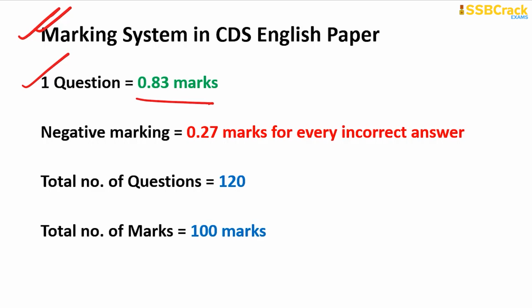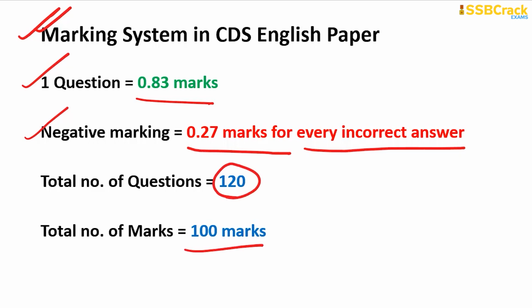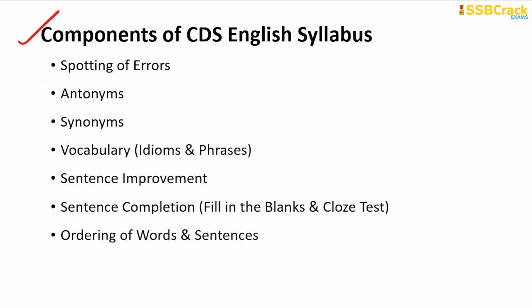There is a provision of negative marking obviously, and you will lose approximately 0.27 marks for every incorrect answer. The total number of questions in the English paper will be 120, carrying a total of 100 marks.